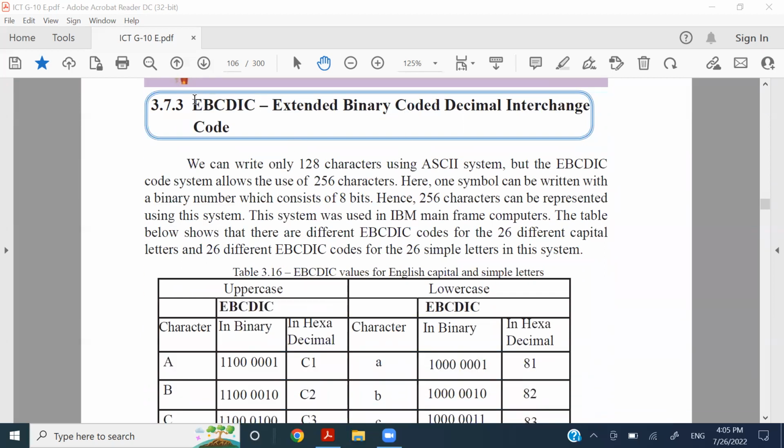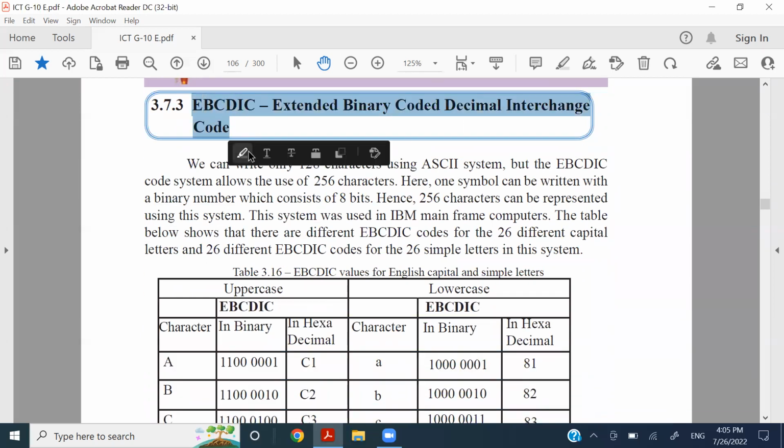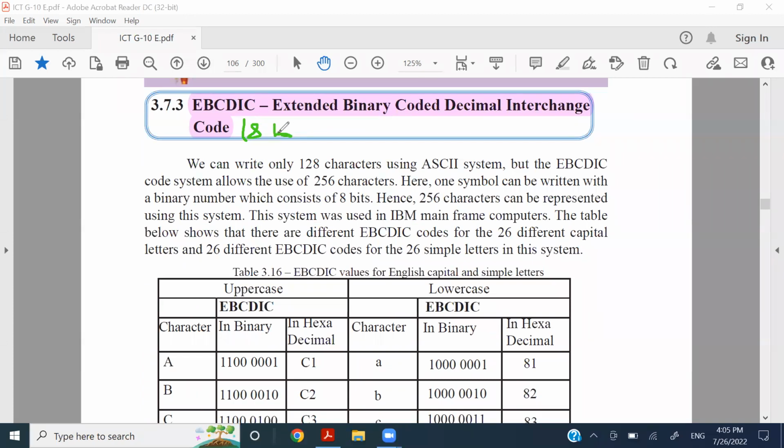The third coding system is EBCDIC. And this is how many bits? 8-bit representation. Sir, is that a bracket or is it 18?